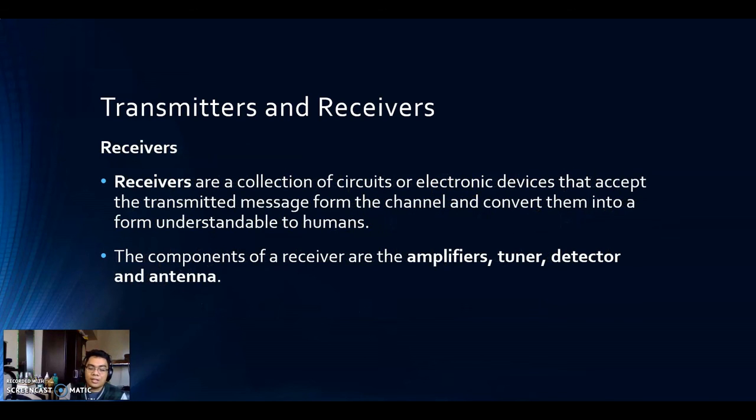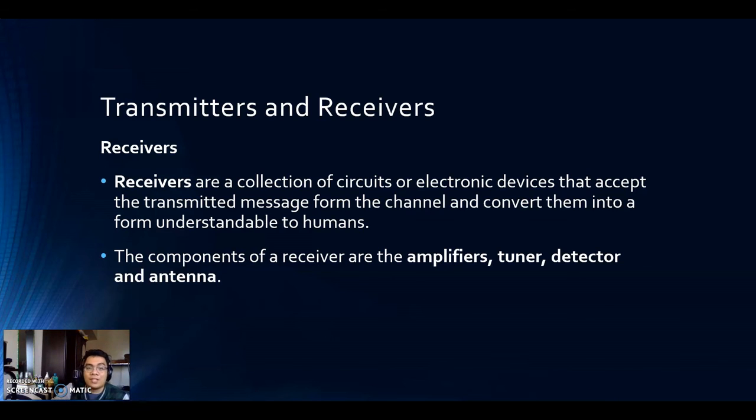Aside from transmitters, we also have receivers. Receivers are a collection of circuits or electronic devices that accept the transmitted message from the channel and convert it into a form understandable to humans. The components used in a transmitter are somewhat used also in a receiver.